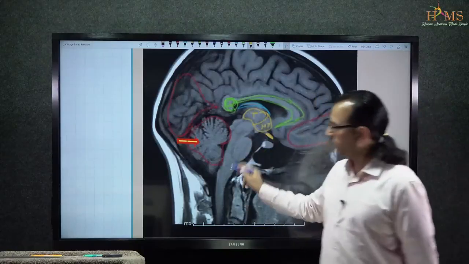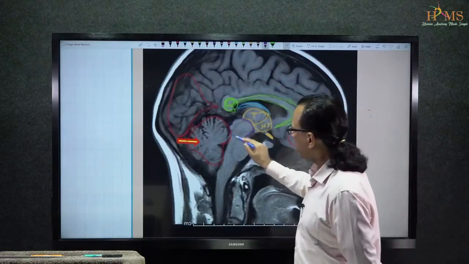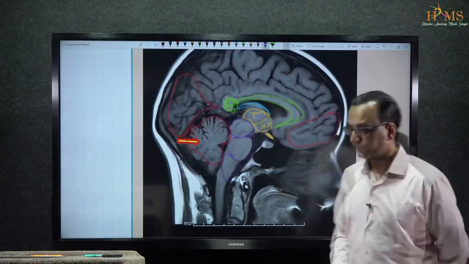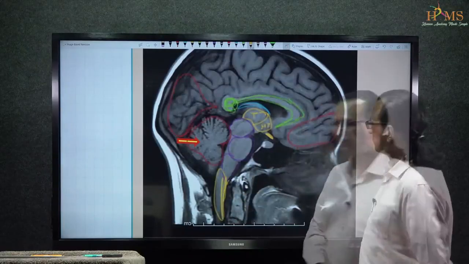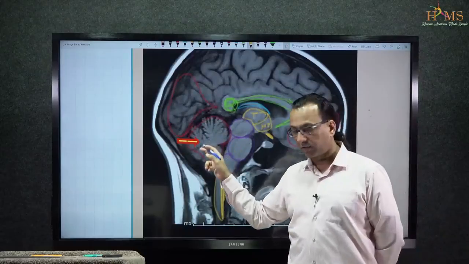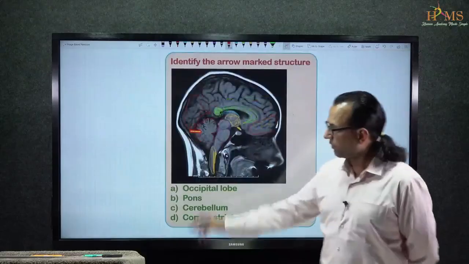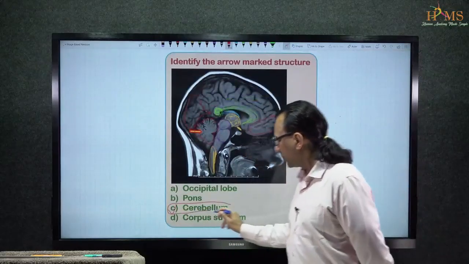Here is the brainstem, having three components, namely the midbrain here, and the pons here, and the medulla oblongata, which will then continue as the spinal cord inferiorly. So as such, the question was asking for the arrow mark, and that is nothing other than the cerebellum. And we can keep our answer as the choice number C, the cerebellum there.